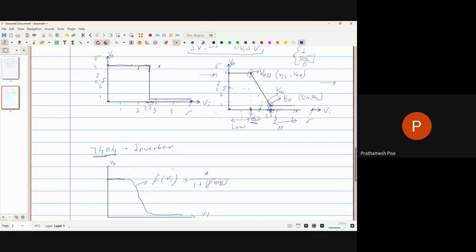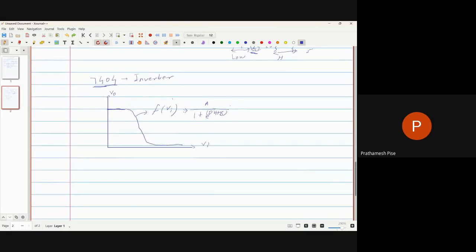In the same way, in the lecture the professor analyzed these equations and curves and came to the conclusion that if the gain of whatever gate we are using is equal to -1, the input won't attenuate because the modulus of the gain is 1.